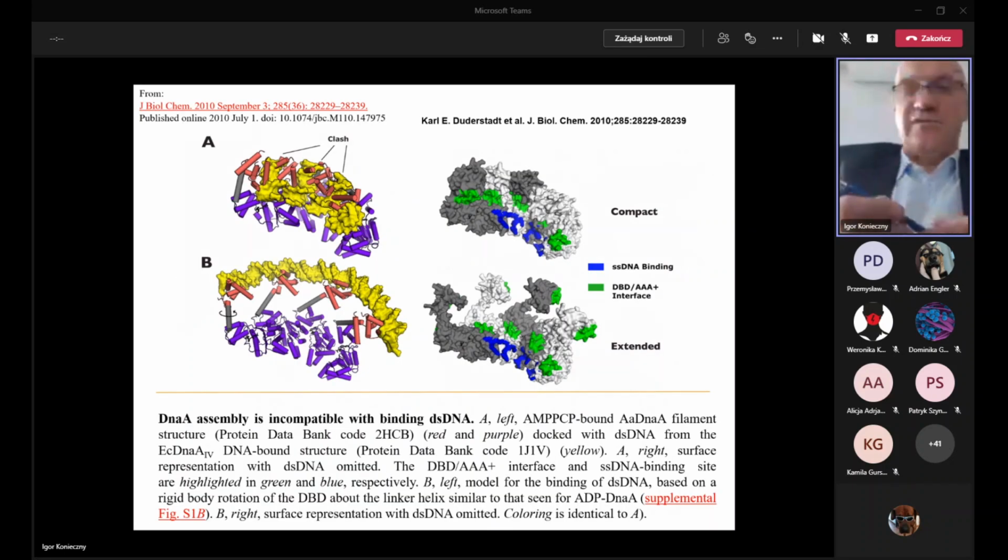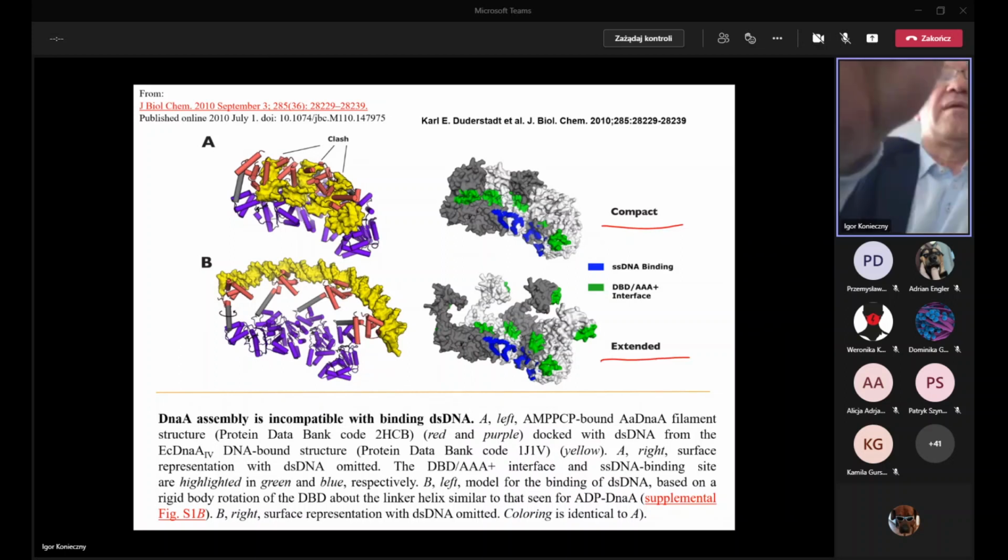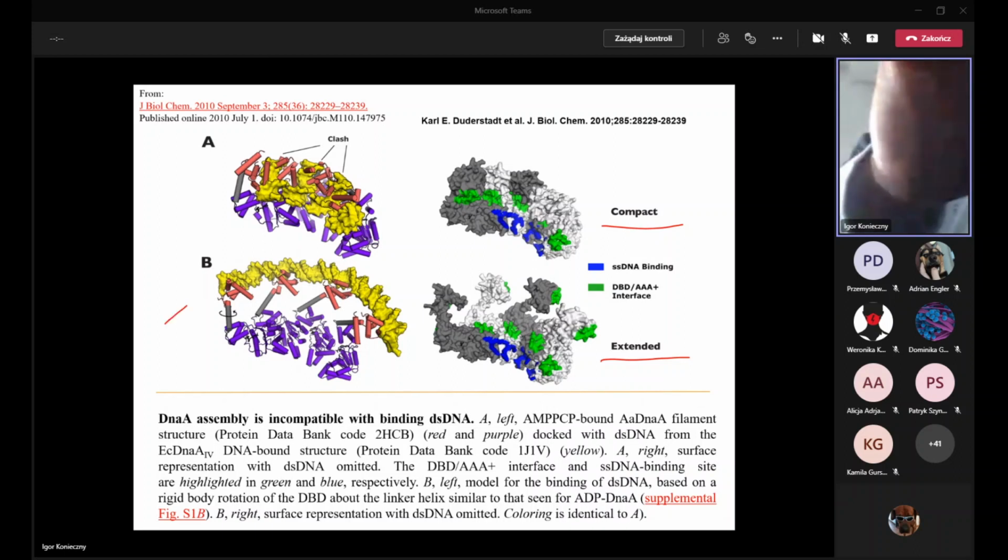This is the other model, which proposed a compact and extended structure of the DnaA protein and interaction. So this is the DNA and the interaction within the extended monomers of DnaA.